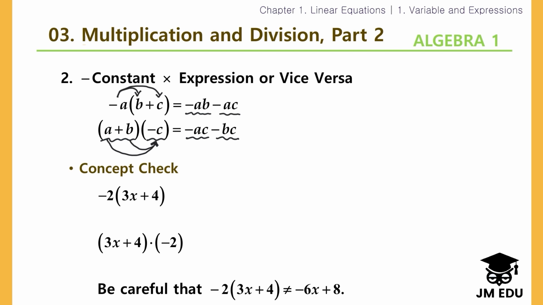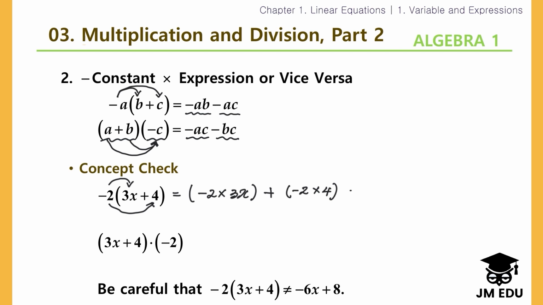So let's try these examples. We have negative 2 times the binomial 3x plus 4. So that is equal to negative 2 times 3x plus negative 2 times 4, right?